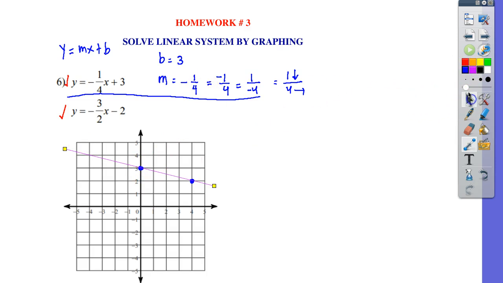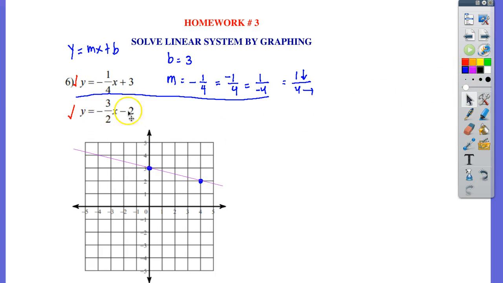Now let's move on to equation number 2. Let's pull out the b value. The b is the number by itself, the constant, so this is negative 2 because it's minus 2. So the b is negative 2. That means on the y-axis, I'm going to plot a point at negative 2.